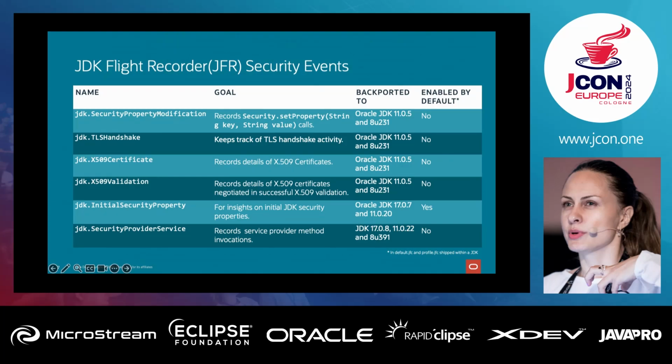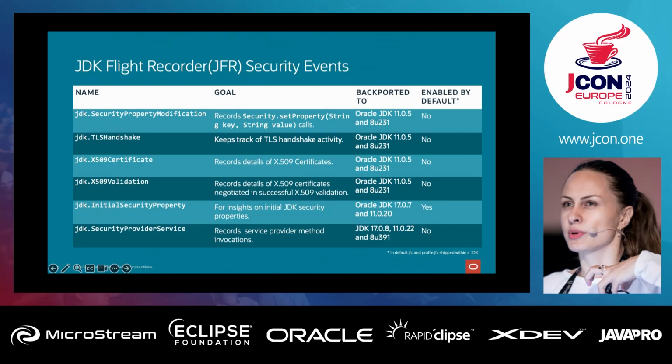One is about looking at the initial security properties that a Java application has. Because we had the security property modification, we can trace what was modified, but why not look at what was there before, like what was initially? And of course, there's one about inspecting the invocation of the security providers that are involved within our Java application.